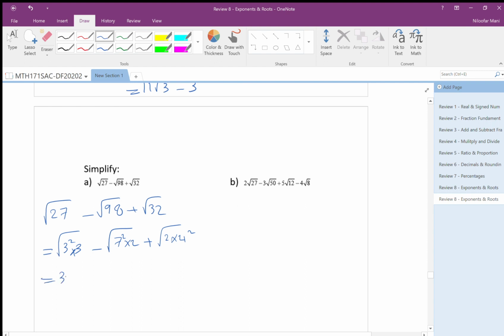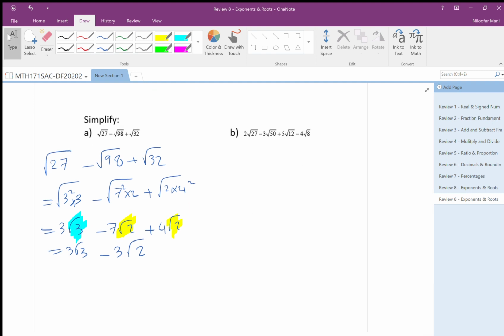Then I have 3 radical 3 minus 7 radical 2 plus 4 radical 2, which is 3 radical 3 minus 3 radical 2. Why? Because these two are like each other, but this is not like them. So that's separate. They are good practice for future algebra.